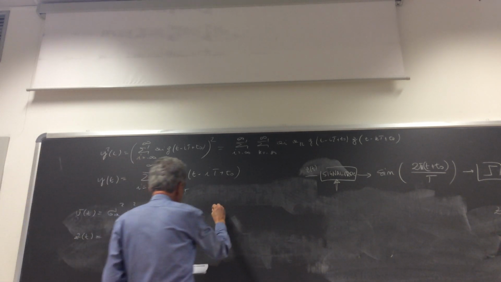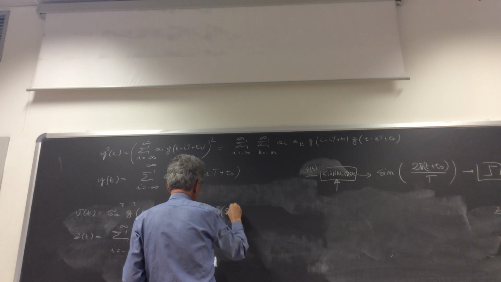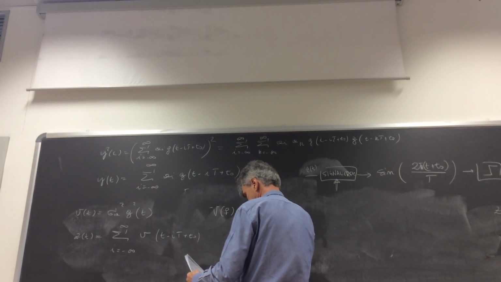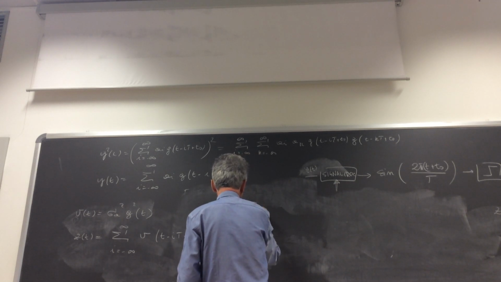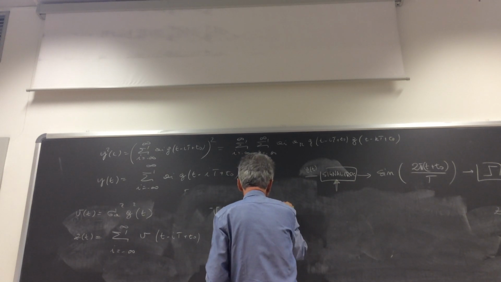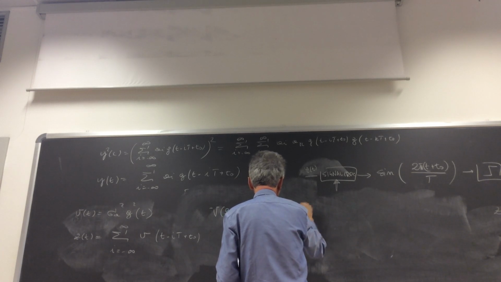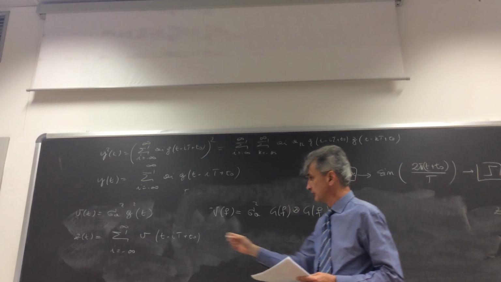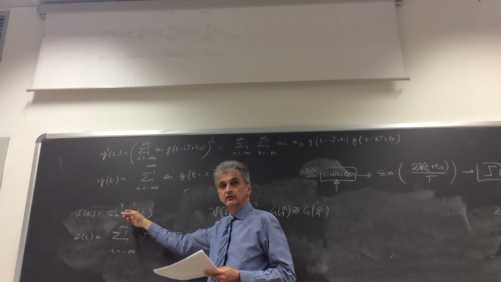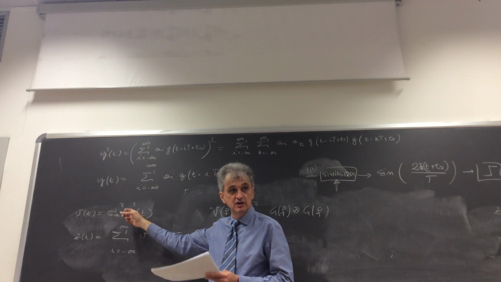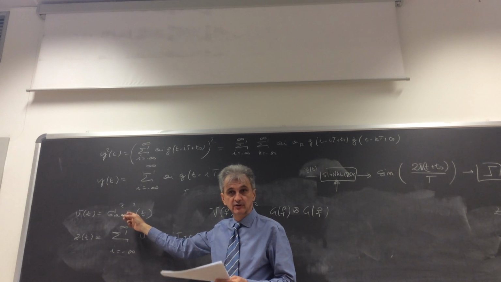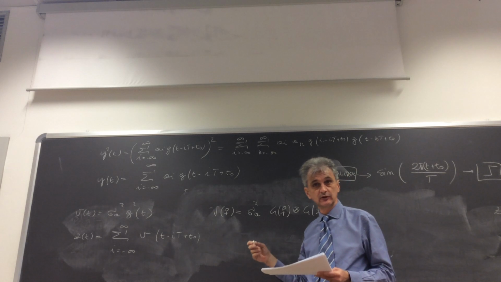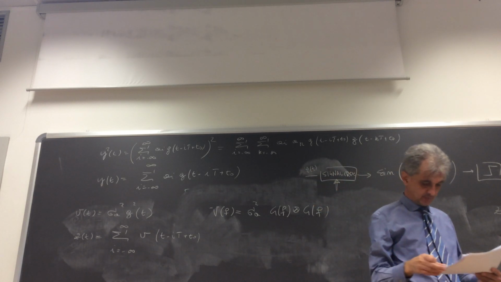If this is V, then the Fourier transform of V will be sigma a to the square G convolution G. This is a constant. This is the product of G with itself. And the product in time is the convolution in frequency. Okay? Basic property of the Fourier transform.